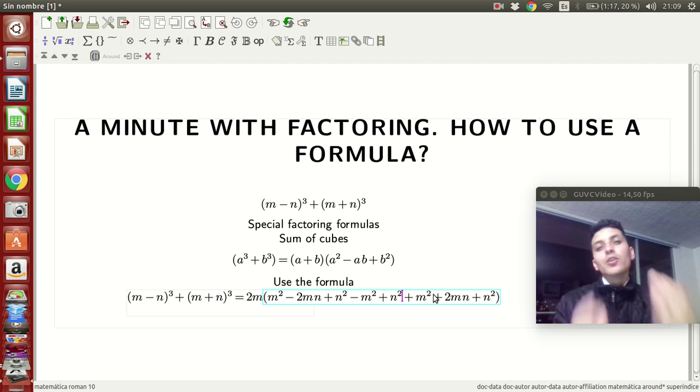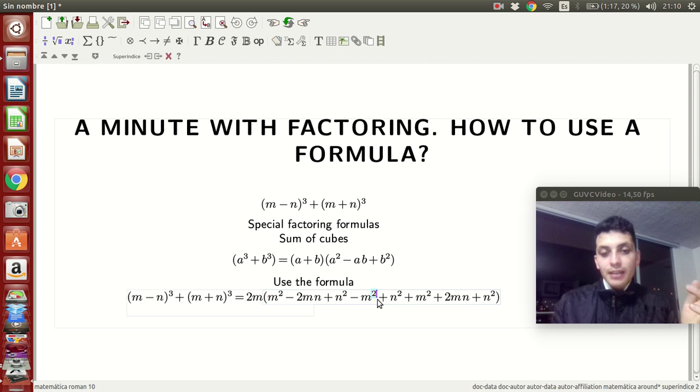Obviously, you have to simplify this polynomial. So use sum of like terms. M squared minus m squared plus m squared. So we can simplify this negative m and this positive m.